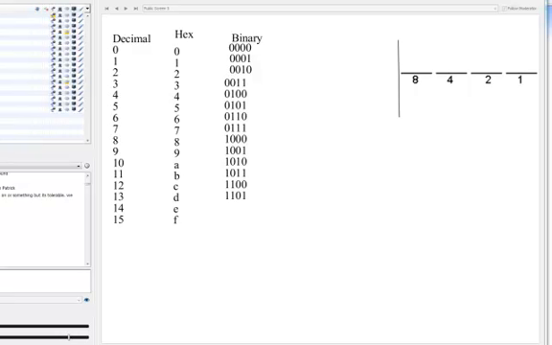And then 14. Is going to be an 8 and a 4 is 12 plus 2 is 14. So 1, 1, 1, 0.